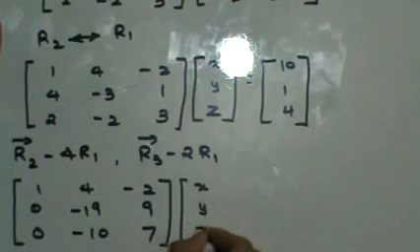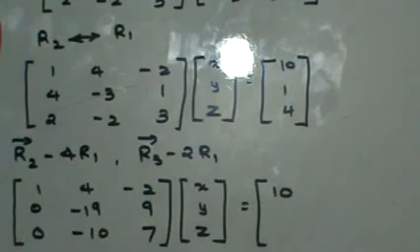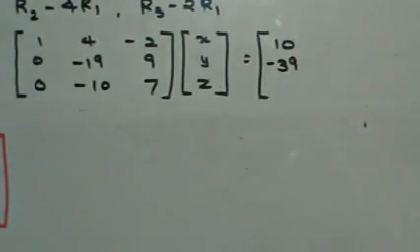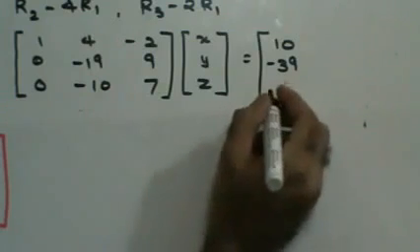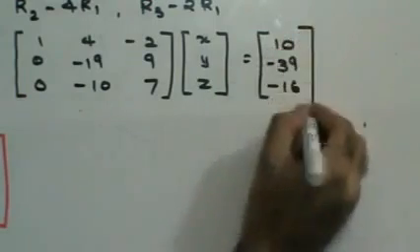X, Y, Z equals 10, then 1 minus 40, minus 39, then 4 minus 20, minus 16.